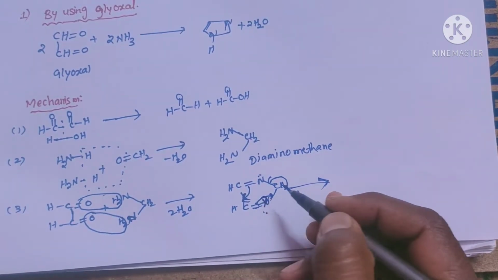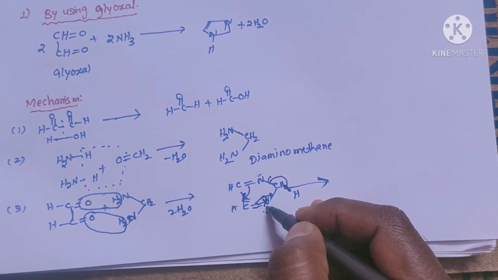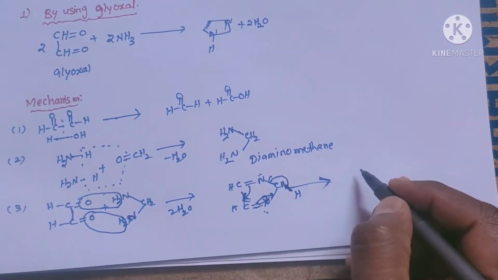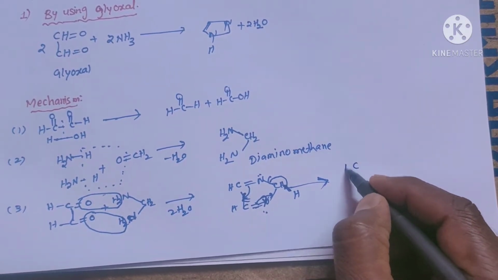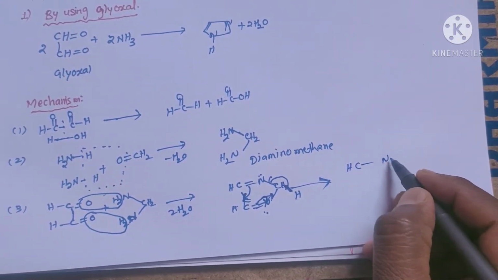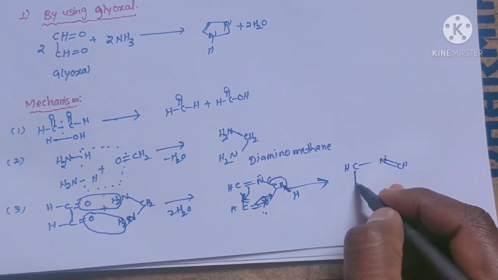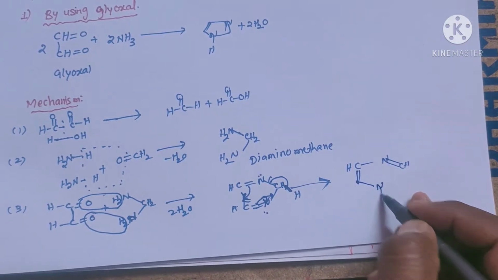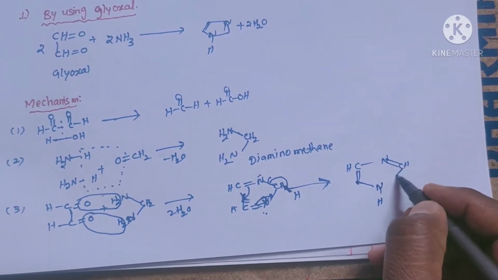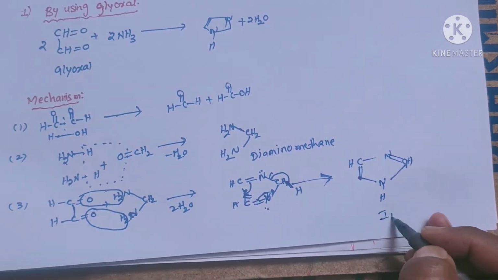And this bond breaks here and the electron pair comes onto the nitrogen. As a result, what happens? Look here. So like this we get the imidazole.